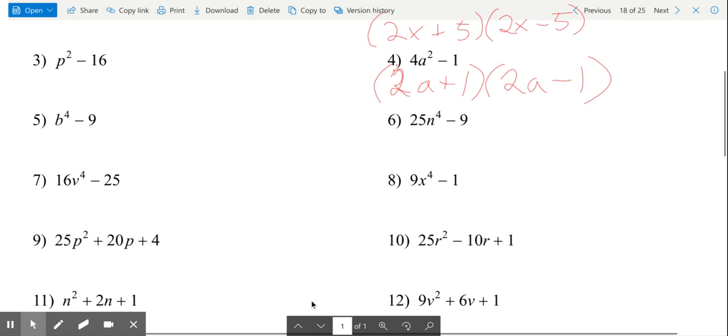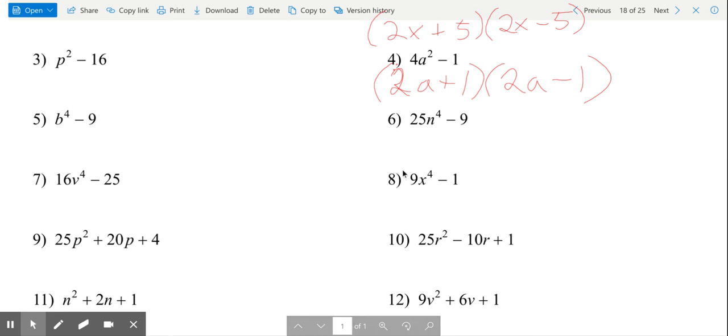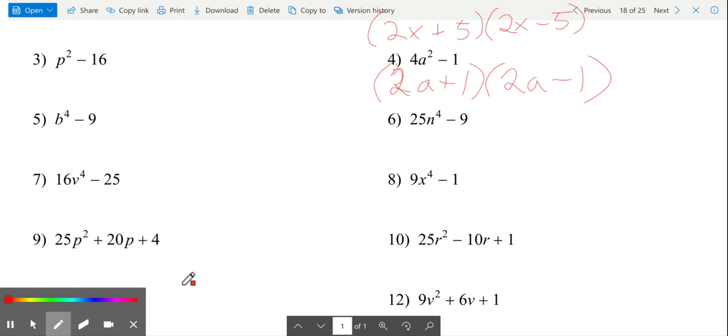And continuing on. I'm going to do this example as well because now we have a 4 here. So in this one, we have a 25. So square root of 25 is 5. Square root of n to the 4th. Remember that taking the square root is just the same as dividing that exponent by 2. So 4 divided by 2 is just 2.